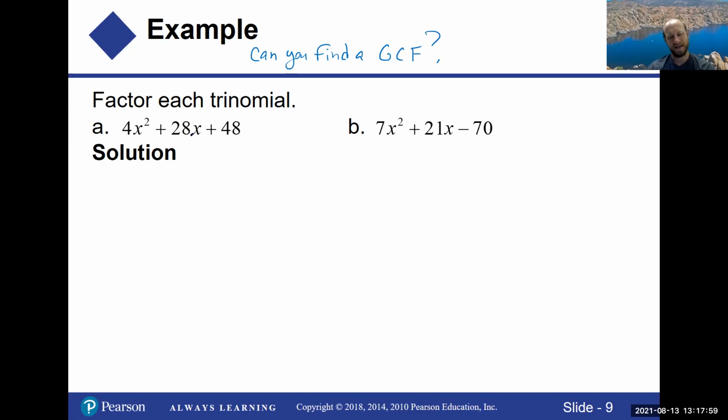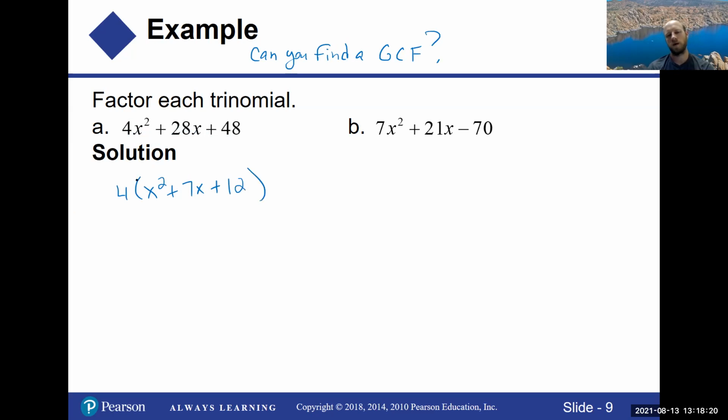And I can factor something out here, right? I do have a greatest common factor, and that would be 4 in all of these. 4 goes into 4, 4 does go into 28, and 4 goes into 48. So I factor out a 4.